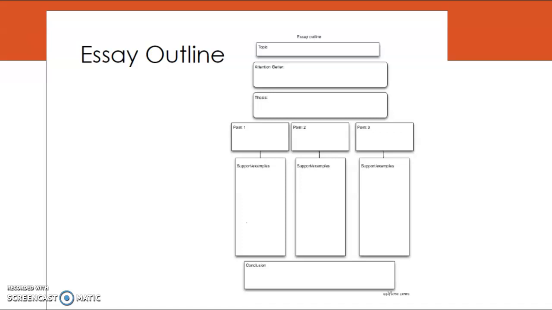a topic, like the name of the topic and what sentence you use to get attention from your reader, and then the thesis statement, which shows your main point, your opinion of the topic, and for the next 3 points, it will show your reasoning to support your thesis.